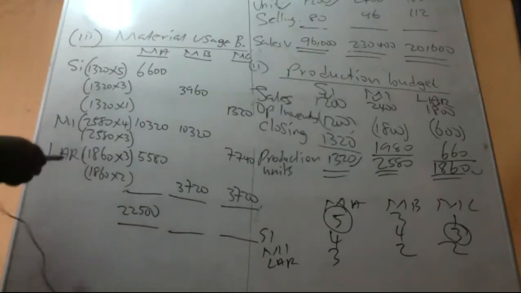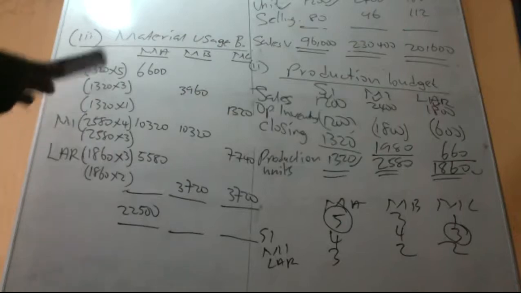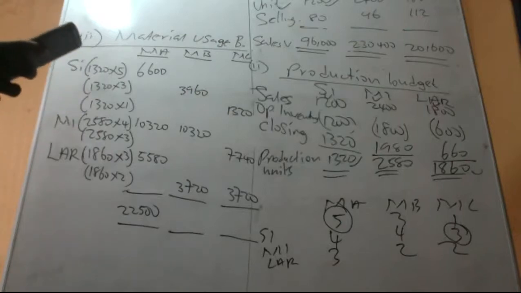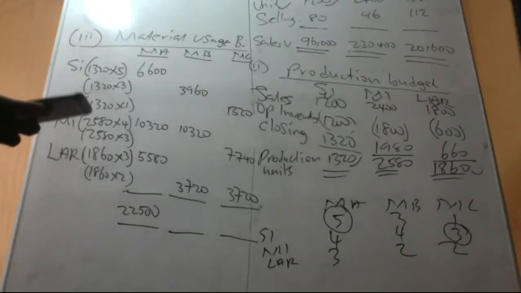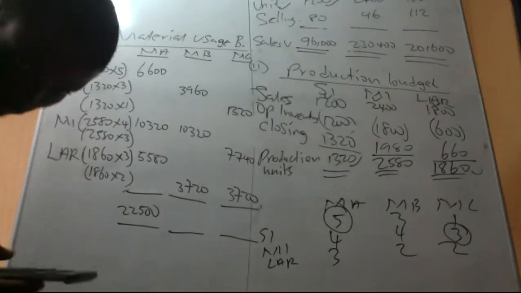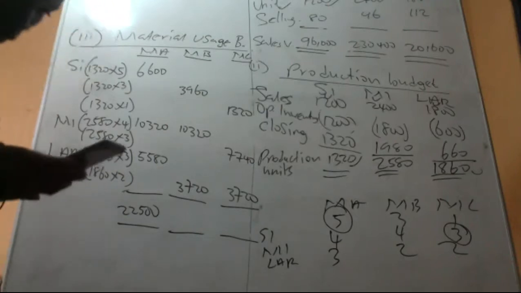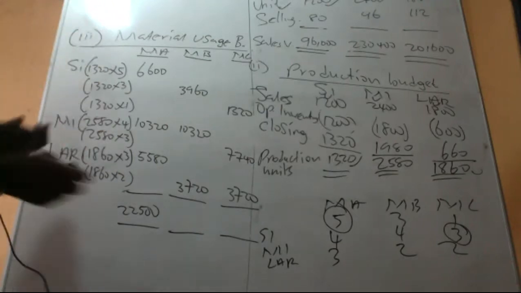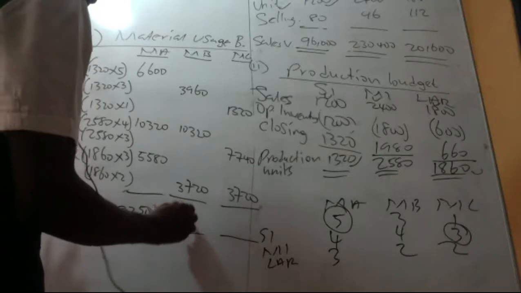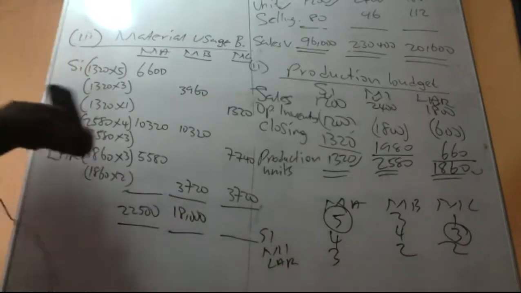Now let's check MB. 3,960 plus 13,320 plus 3720, and that gives us 18,000 MB. That's great. What about MC?